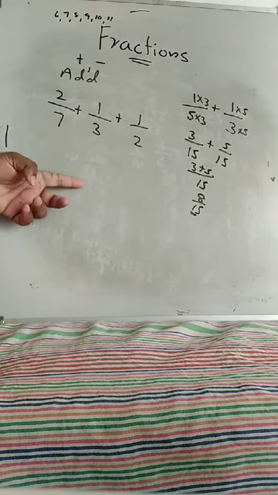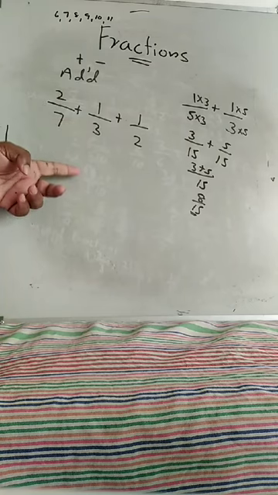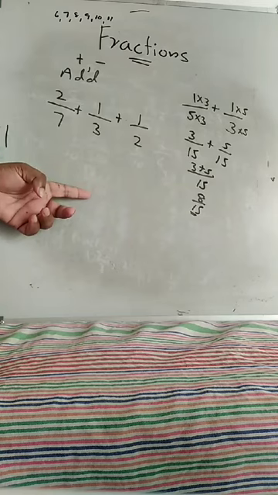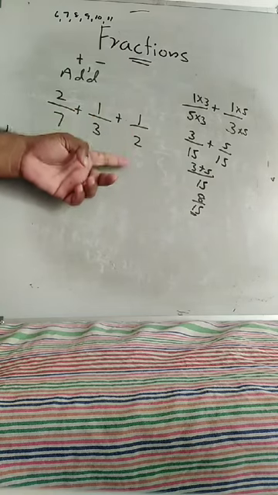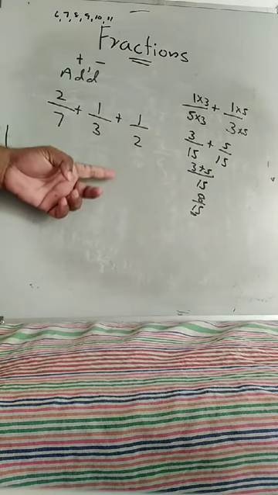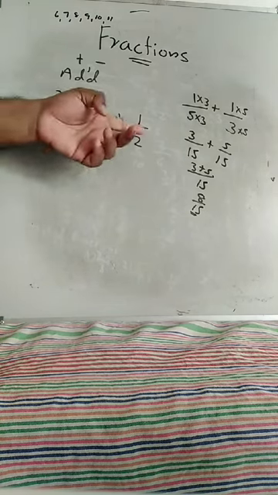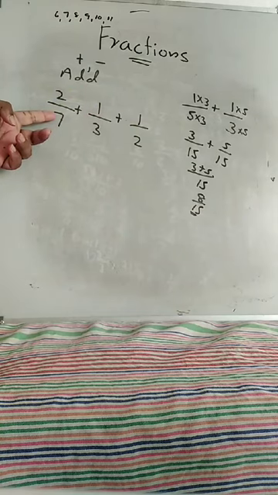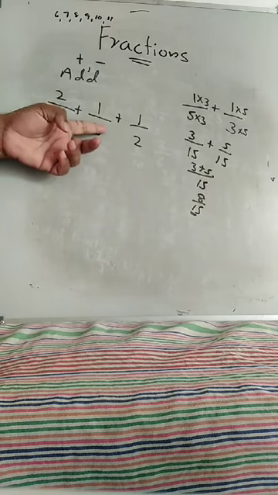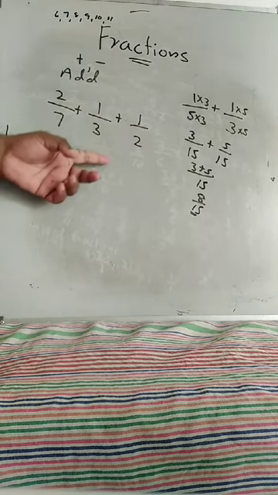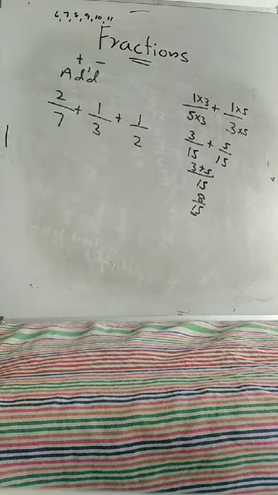Multiples of 3: 3, 6, 9, 12, 15, 18, 21, up to 42. Multiples of 2: 2, 4, 6, 8, up to 42. Then the common term is 42.